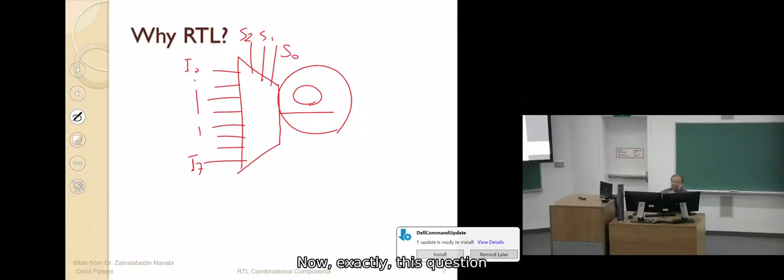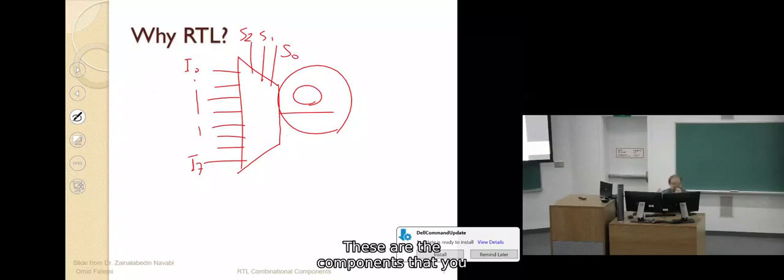Exactly this question is the main reason for our topic, combinational components. What do we want to do here? We would like to say, okay, you would have some components like multiplexer, decoder, adder, subtractor.